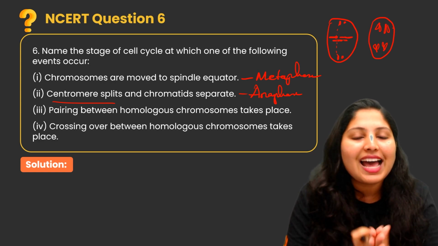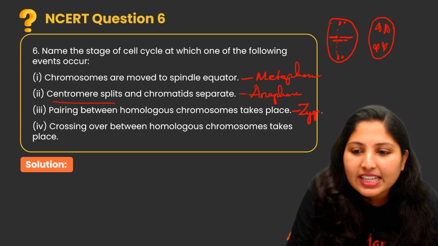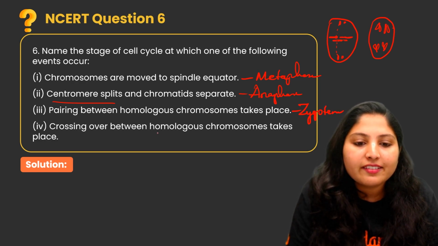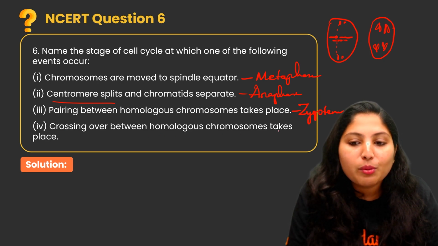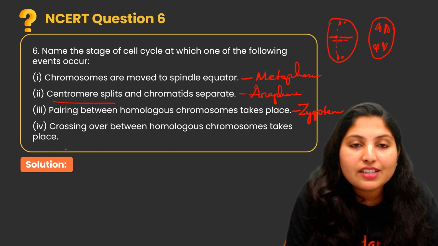So that happens in the zygotene stage. Okay, next one: crossing over between homologous chromosomes takes place. Crossing over means recombination.